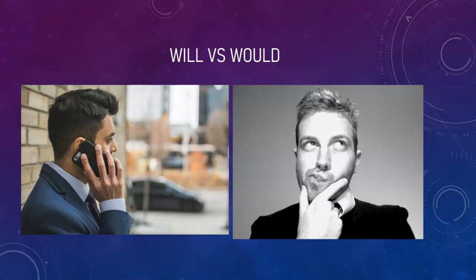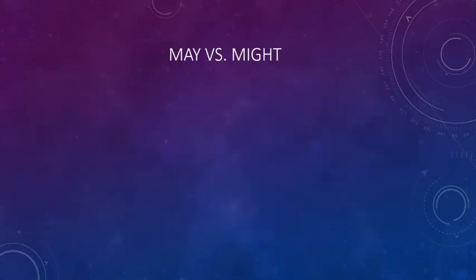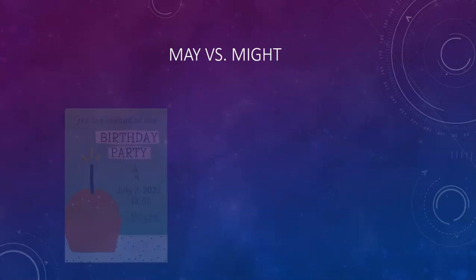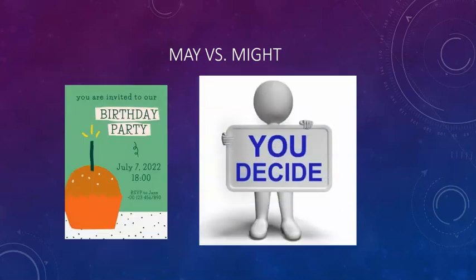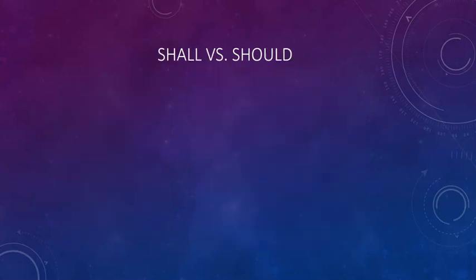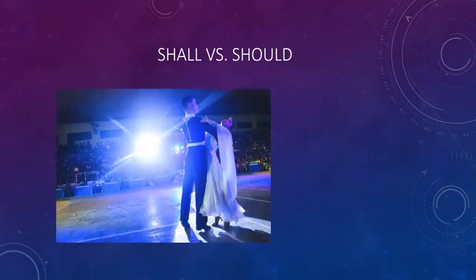It means you are talking about past possibility or more politeness. May we use for stronger possibilities and might for weaker. I may come means you are likely to come, and I might come means maybe you will come, so less possibility. Next, we have shall for formal suggestions and should for advice.